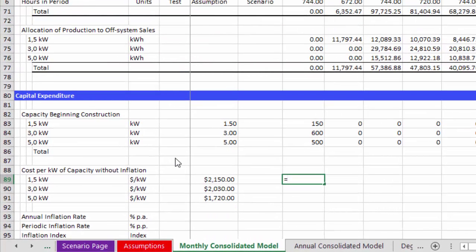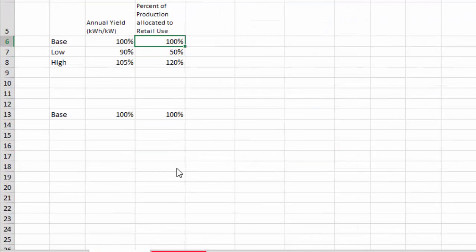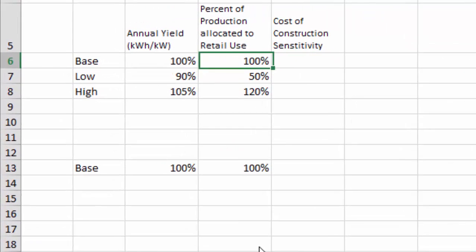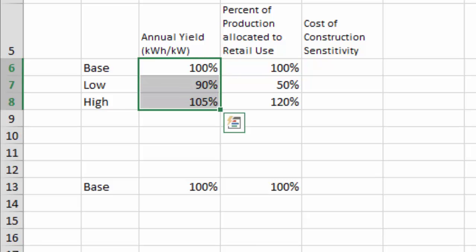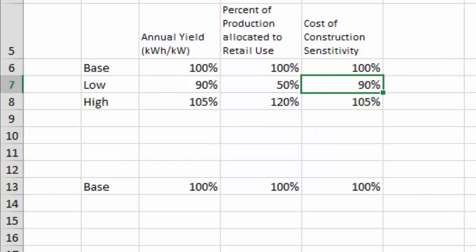Okay, and then we simply, I guess, I don't know if we really needed this, but maybe, because eventually we'll also have a cost of construction sensitivity, and we can copy this across, and this one maybe we have 130%, and this one maybe 90%.